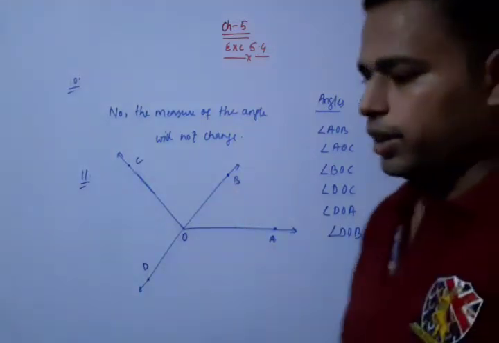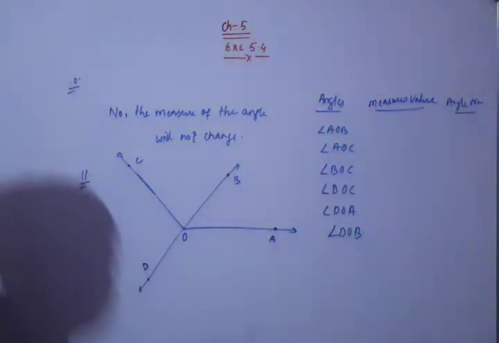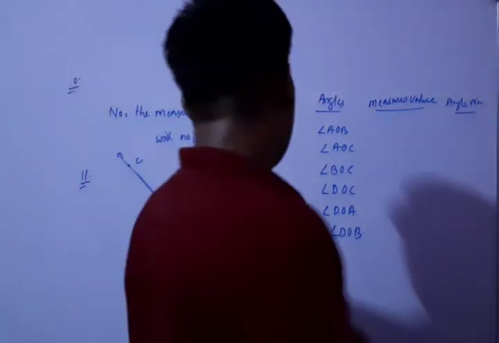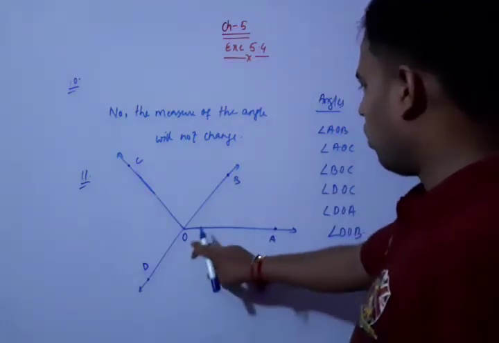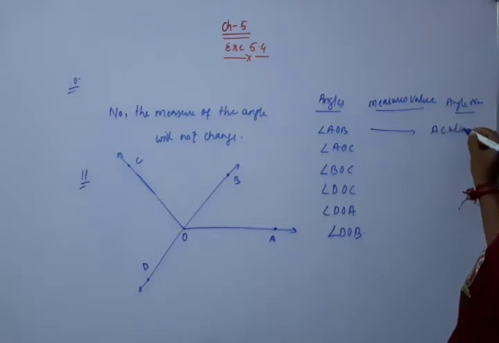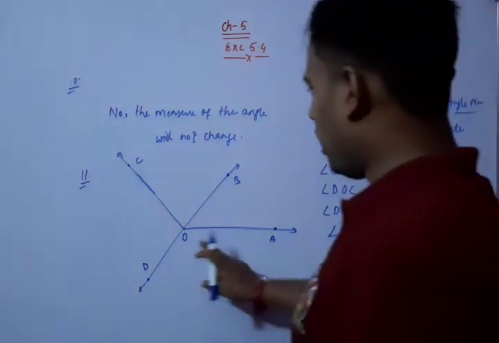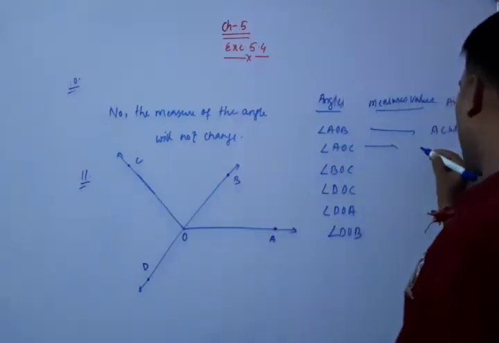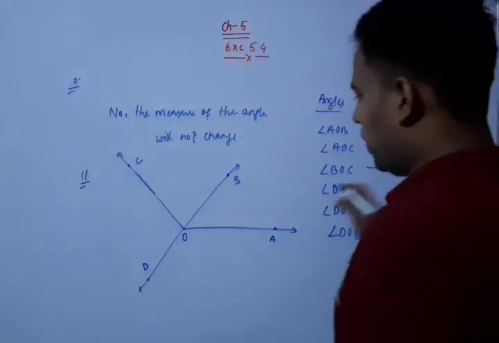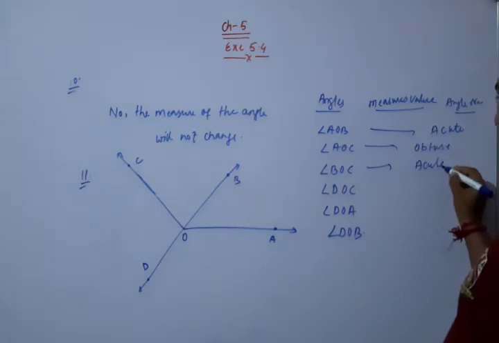Here it is not possible to measure the angle, so you use the protractor and measure it. Now I am just classifying which angle. AOB will be an acute angle. AOC will be obtuse. BOC will be an acute angle.